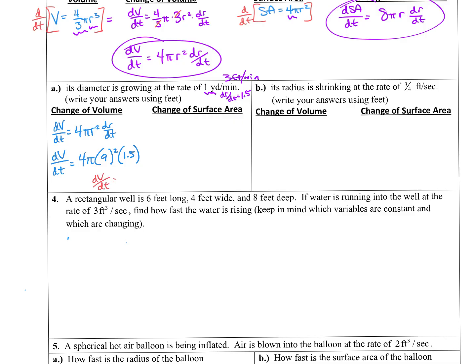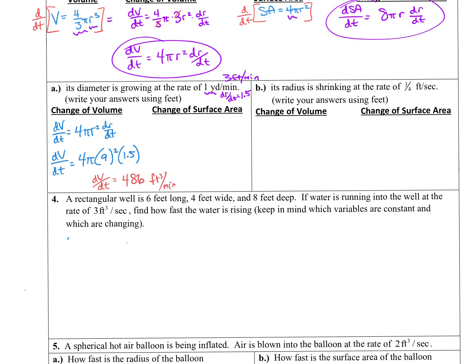So dV/dt equals, what's 81 times 4? 162 times 1.5. I think it's going to be 486. And the units would be the rate of change of the volume, so cubic feet over time, which was minutes.